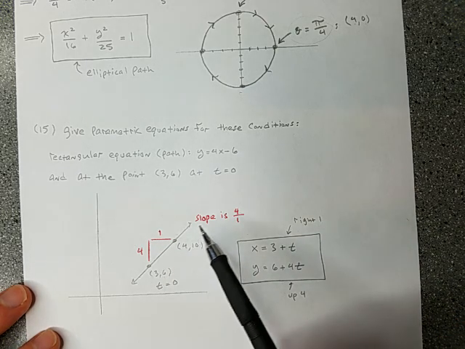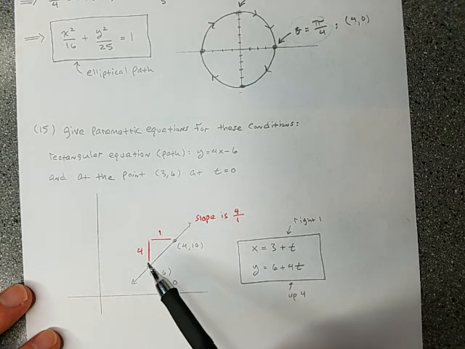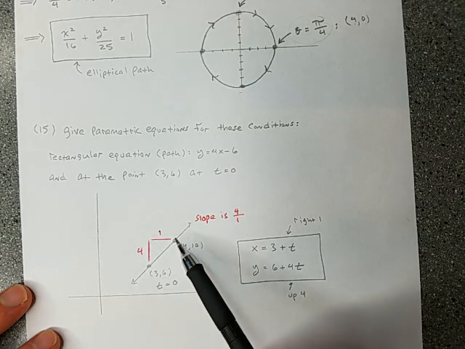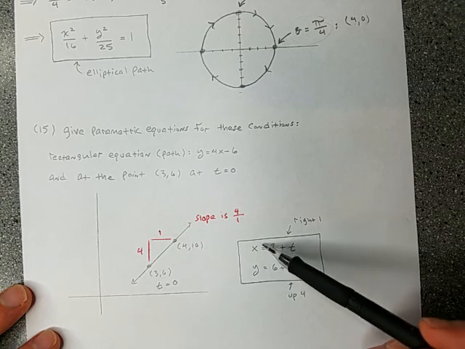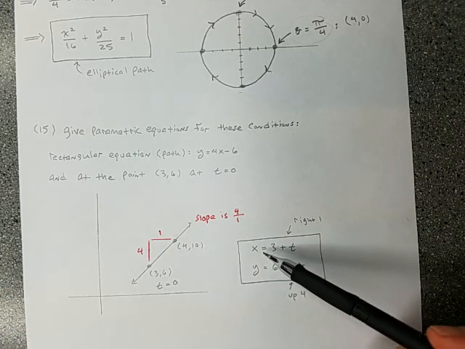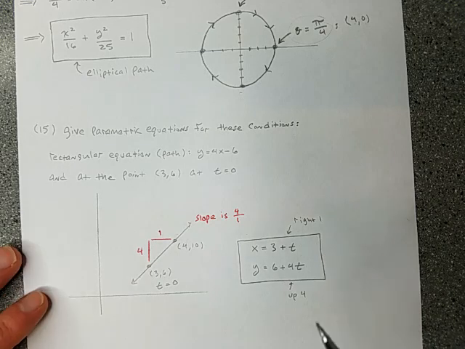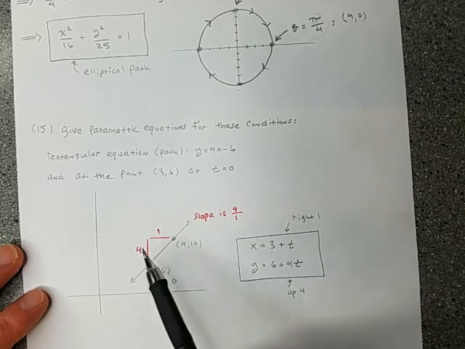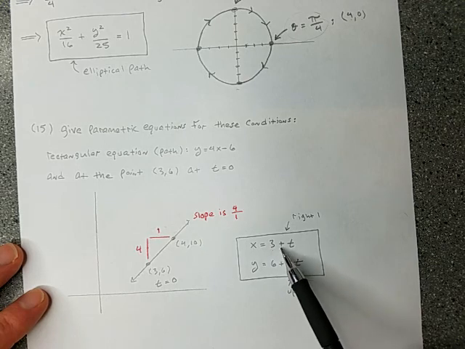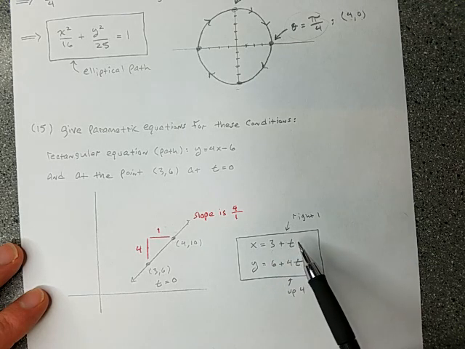Now, notice on this line, it has a slope of 4. That means on the line, you have to go up 4 over 1. So x and y are individually left and right for x, up and down for y. So I want to start at 3 and go right 1. 3 plus 1t. That will do it.